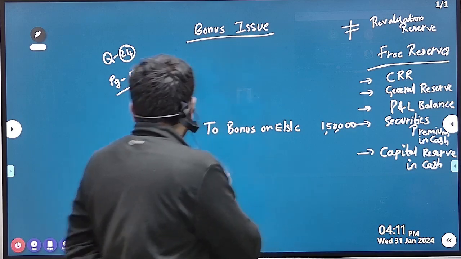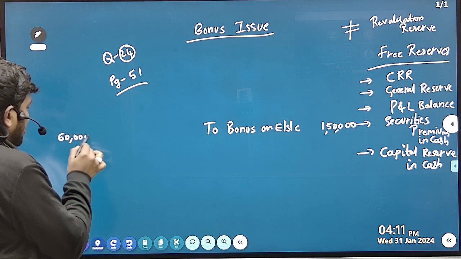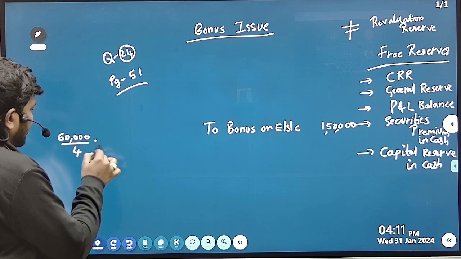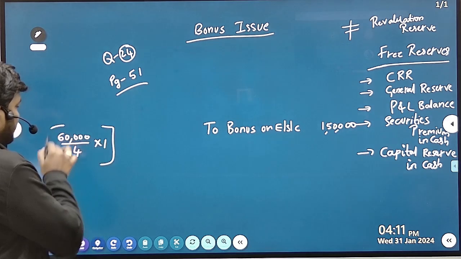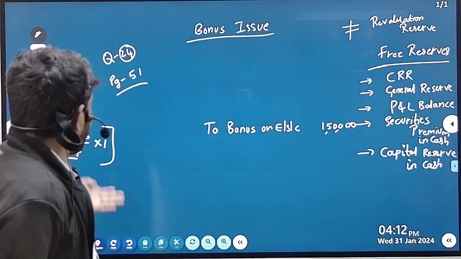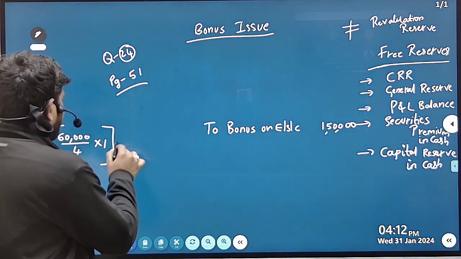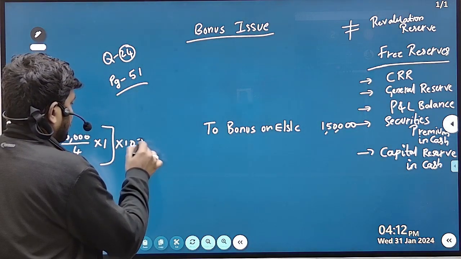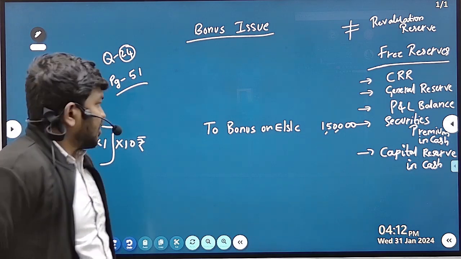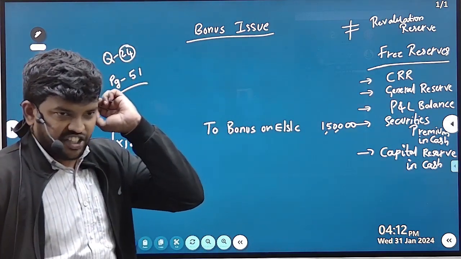How 15,000? 60,000 divided by 4 into 1. Clear? 15,000 is the bonus, into 10 rupees, 1,50,000 rupees. Clear till now? This is the credit entry: bonus to equity shareholders.